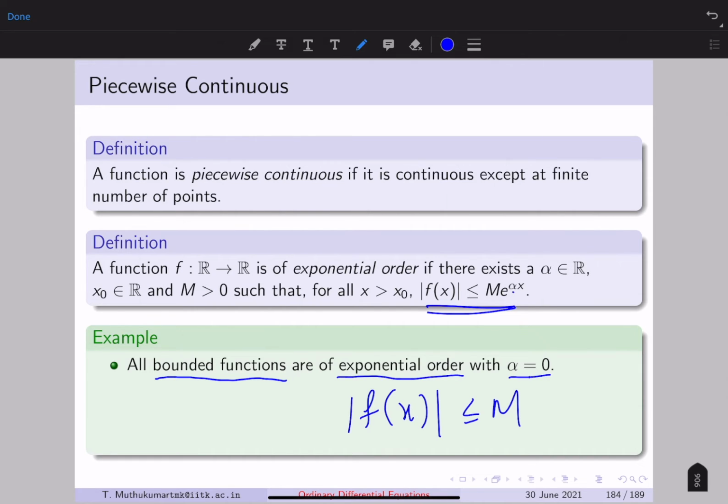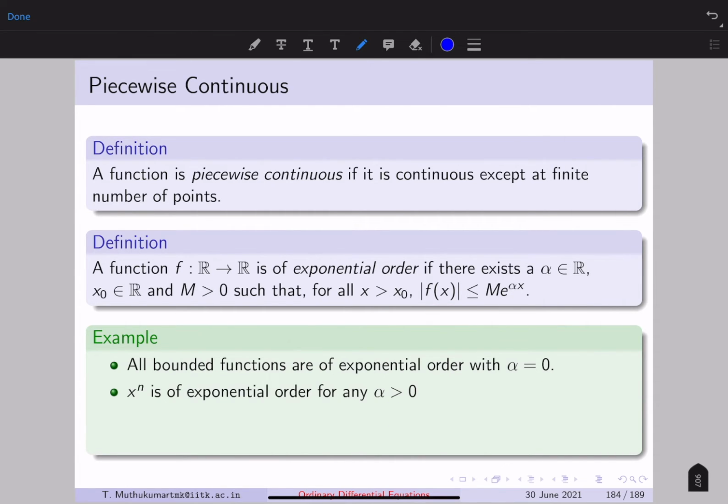So any bounded function is of exponential order with alpha equal to 0. Now x power n is of exponential order for any alpha bigger than 0.